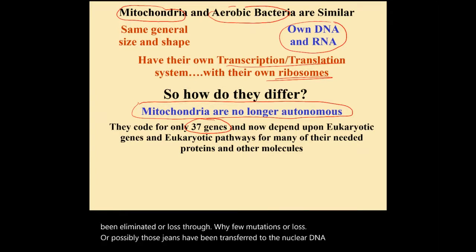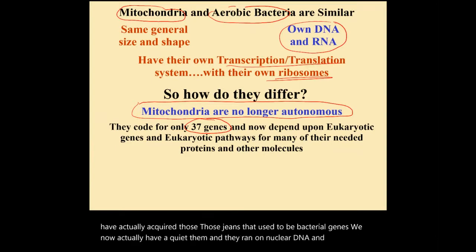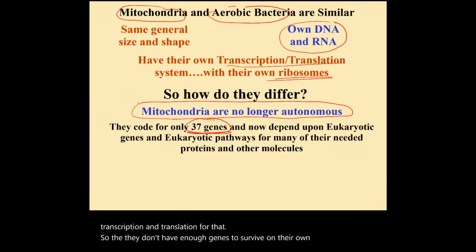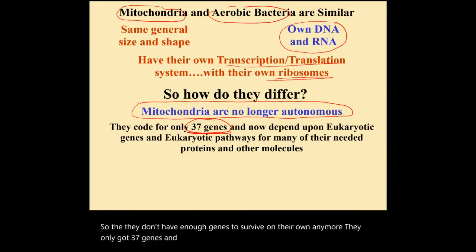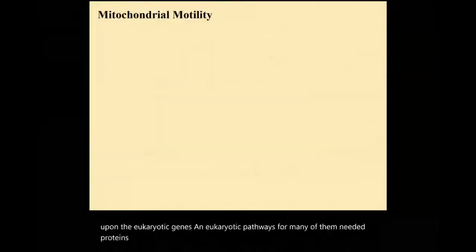And we now have actually acquired those genes that used to be bacterial genes. They're in our nuclear DNA, and we do all the transcription and translation for that. So they don't have enough genes to survive on their own anymore. They only have 37 genes in their mitochondrial DNA and are now totally dependent upon the eukaryotic genes and eukaryotic pathways for many of their needed proteins and other molecules.